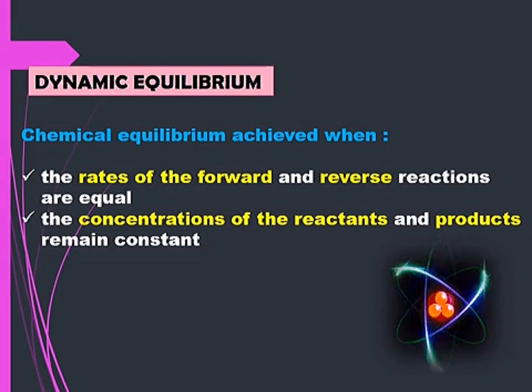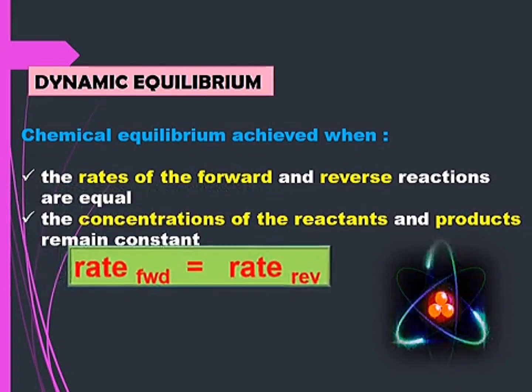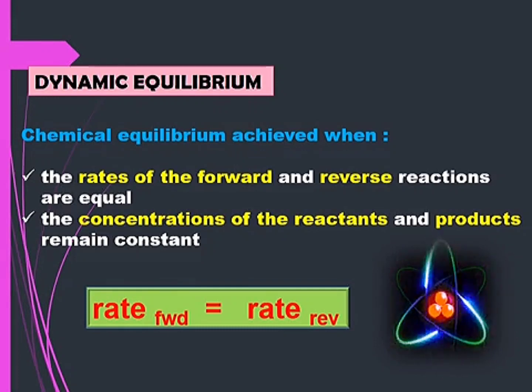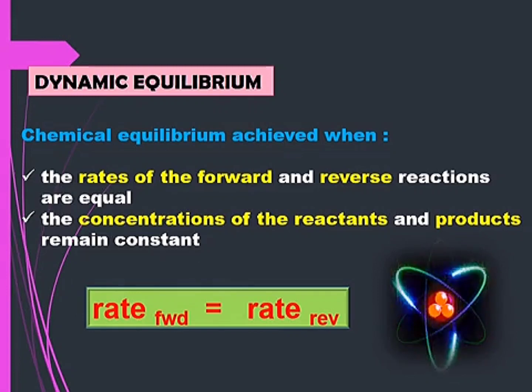So this is characteristic of dynamic equilibrium. So bila sesuatu reaction tu dah mencapai dynamic equilibrium, rate of forward and reverse akan sama. Okay, maksudnya reactant jadi produk, produk jadi reactant, rate of reaction dia sama. Kemudian concentration of reactant dan produk juga akan tidak berubah, akan remain constant. Okay, boleh faham kat sini?